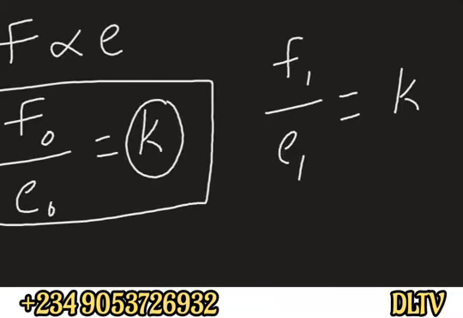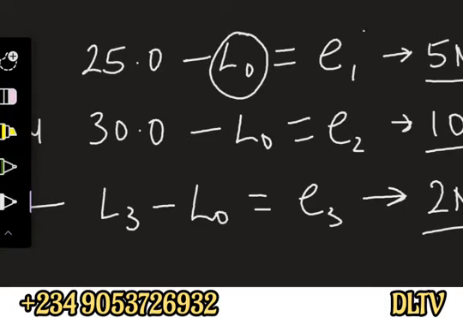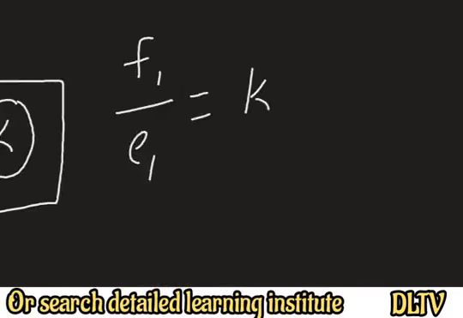All right, so to find the constant, we are going to adopt one of these expressions which we have over here. So let's adopt the first one. The first one talks about the first force, which is F1, and then the first length, which is what? L1. So adopting that expression, we are going to input the values in this equation.